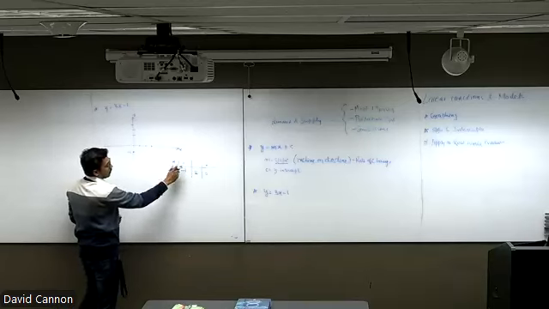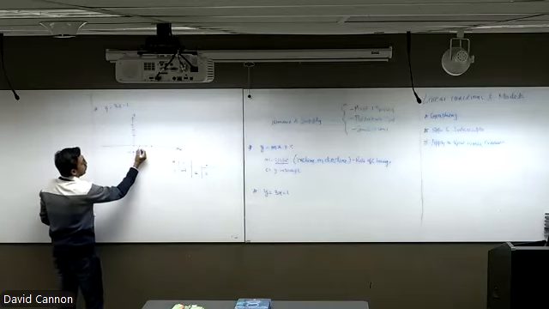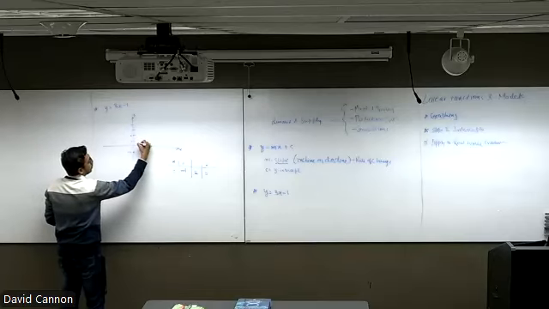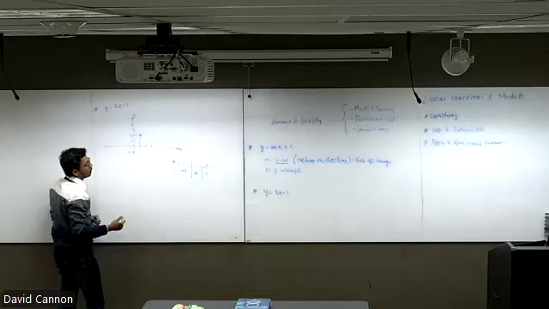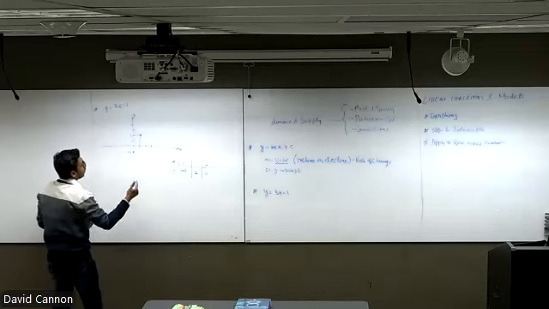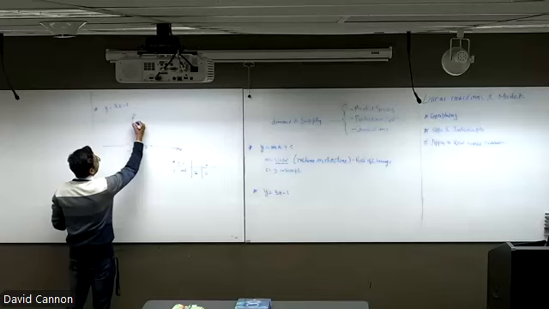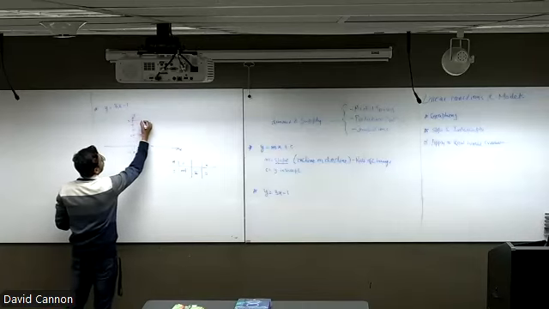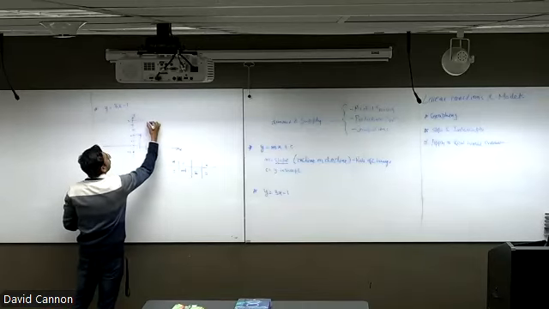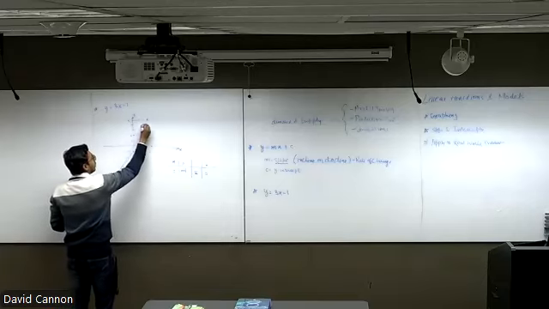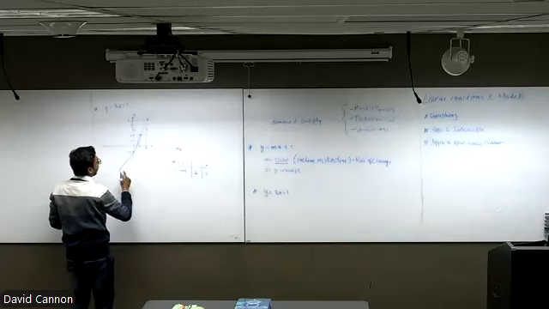Then 1 is here, and 1 should be somewhere around here. This is our second point. The third point is 2, 5, somewhere around here. And then we just join a line that goes through all of these. This has to be a straight line.